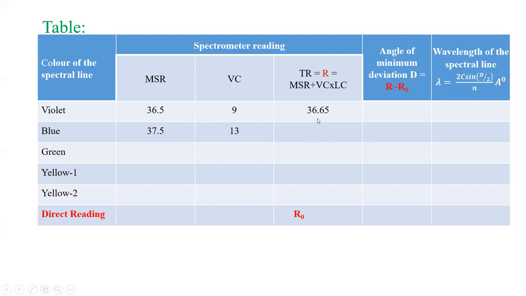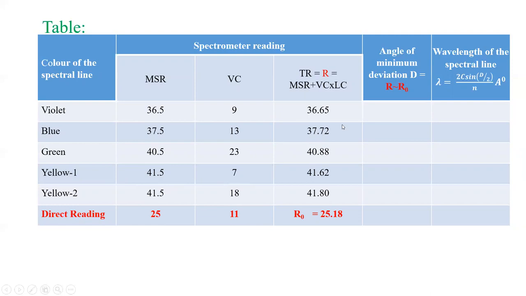Like that for blue, green, yellow one, and yellow two, and this is the flat reading that we observed at the start of the experiment. If you observe yellow one and yellow two, they are very near to each other. Sometimes there is only a change in the vernier coincidence.